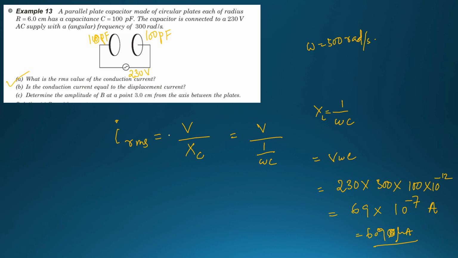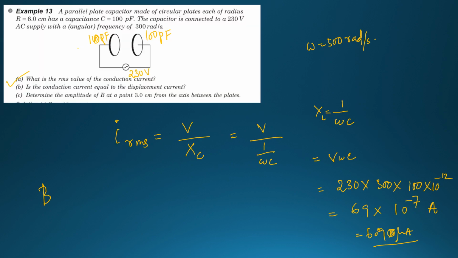Is the conduction current equal to the displacement current? ID is the displacement current, I is the conduction current. What is the formula for the magnetic field here? Amplitude of B, that is B naught, we have to find out.